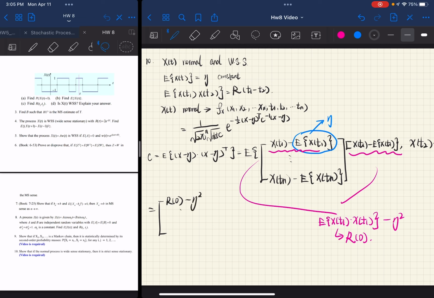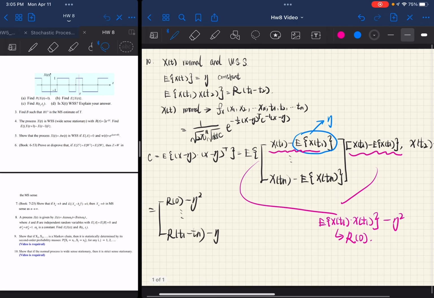And for X(t1) to X(tn), here should be X(t1) minus the mean value to the power of 2.